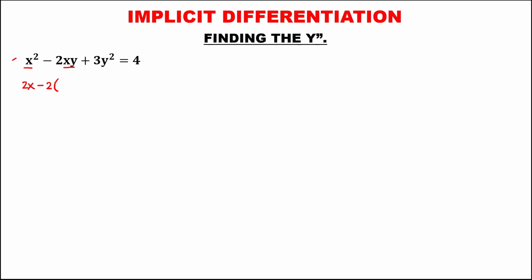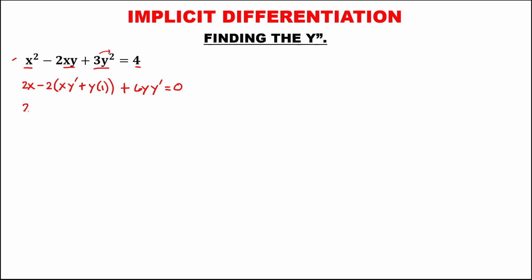Using the product formula, this is x times the derivative of y, plus y times the derivative of x, that's 1, then plus the derivative of 3y squared, multiply these two numbers, this is 6y times y prime, equals the derivative of a constant, which is 0.